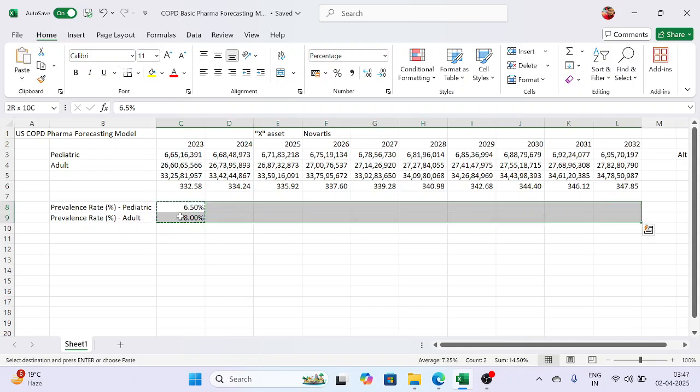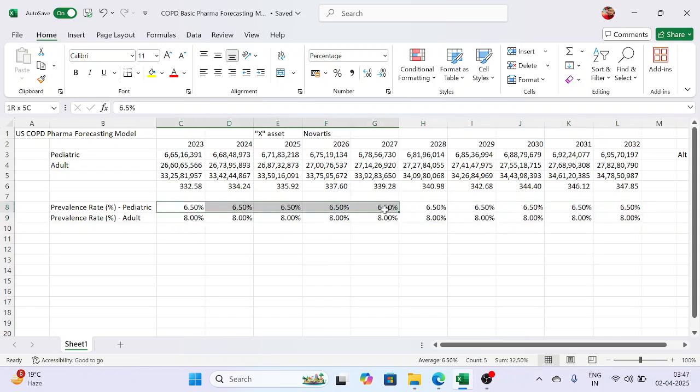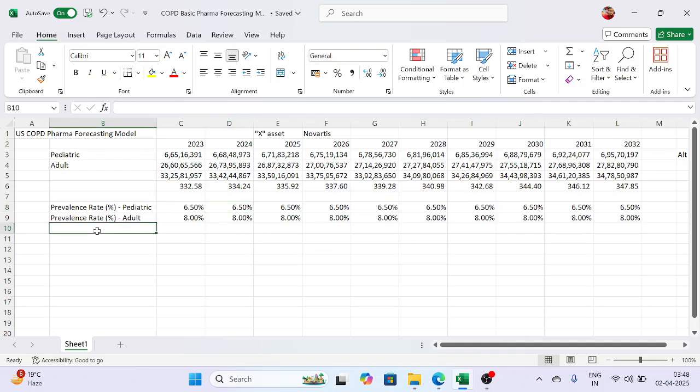Again, this will vary, this can change along the years. It will not be constant. Of course it will be changing with years. So here I'm considering the same for simplicity's sake.